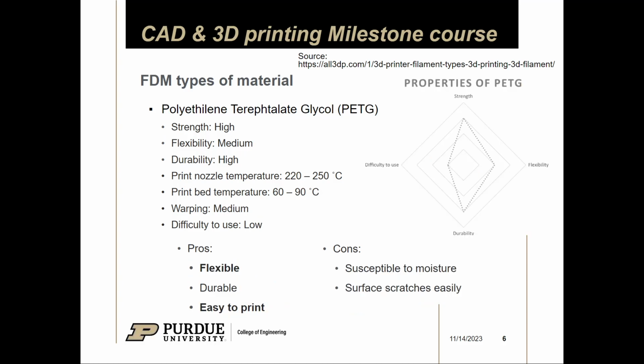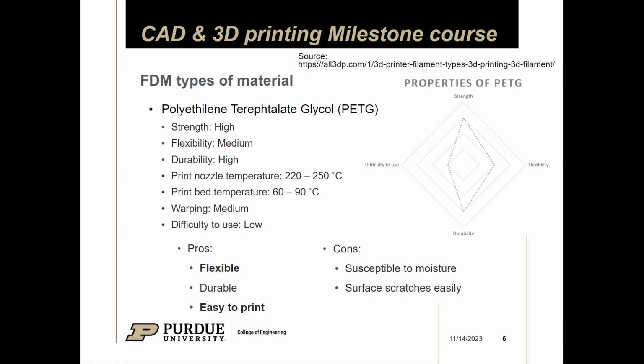This one's one of my personal favorites, PTG. I find this to be a really nice balance between PLA and ABS, where it's a little bit stronger than PLA in most cases, but it's a lot easier to print than ABS. So PTG is kind of like an offshoot of the kind of plastics you find in water bottles. So those disposable water bottles are made of PET, but PTG is kind of like a different blend of it to make it a little bit easier to print.